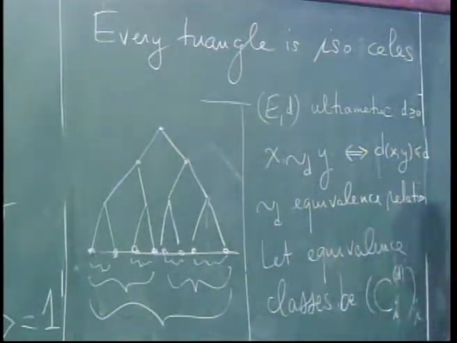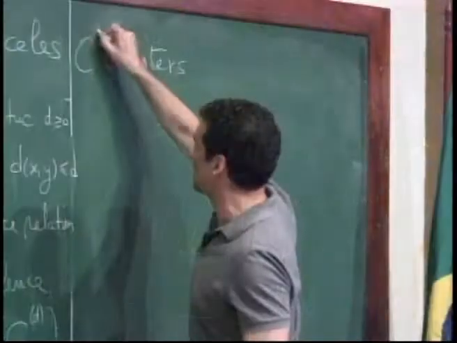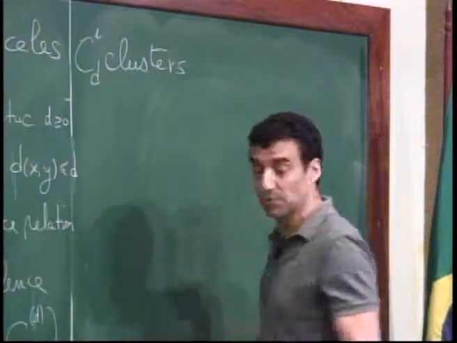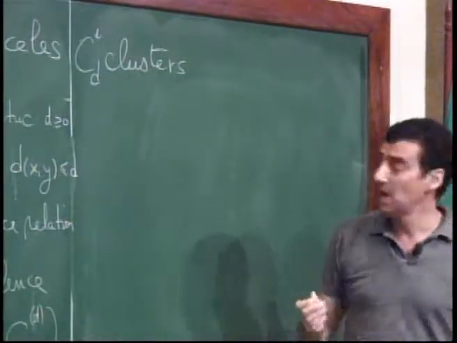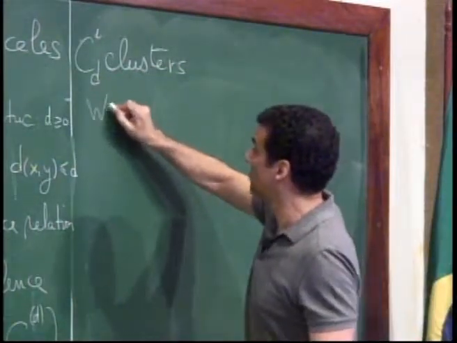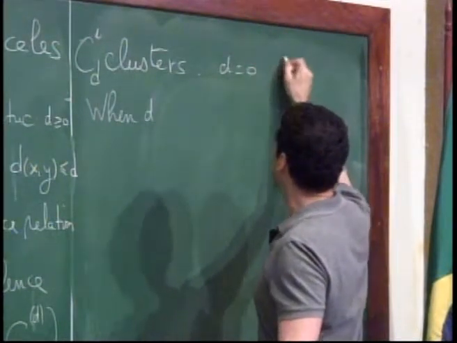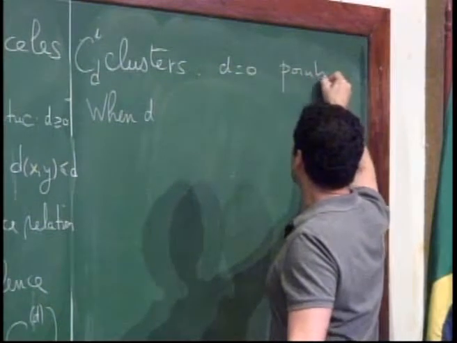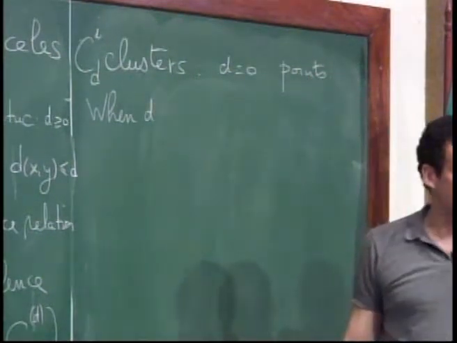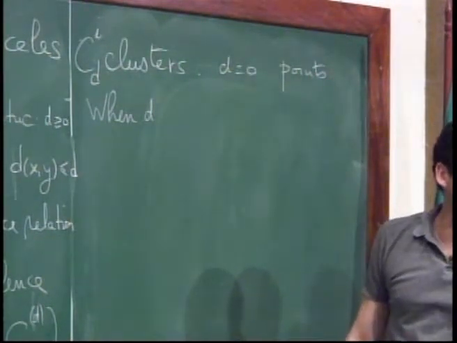But in general, it's always true that these equivalence classes create a partition. They are clusters which, for every d, partition the whole space. Of course, when d equals 0, they are just the points, the finest possible partition.